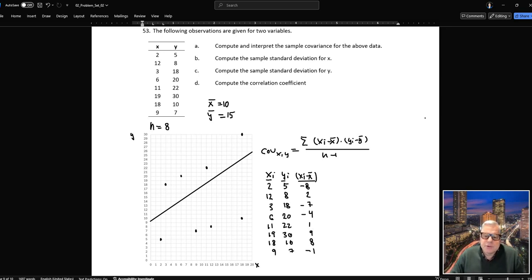Okay, so now let's do the same thing for y. So 5 minus 15, negative 10. 8 minus 15, negative 7. 18 minus 15, positive 3.